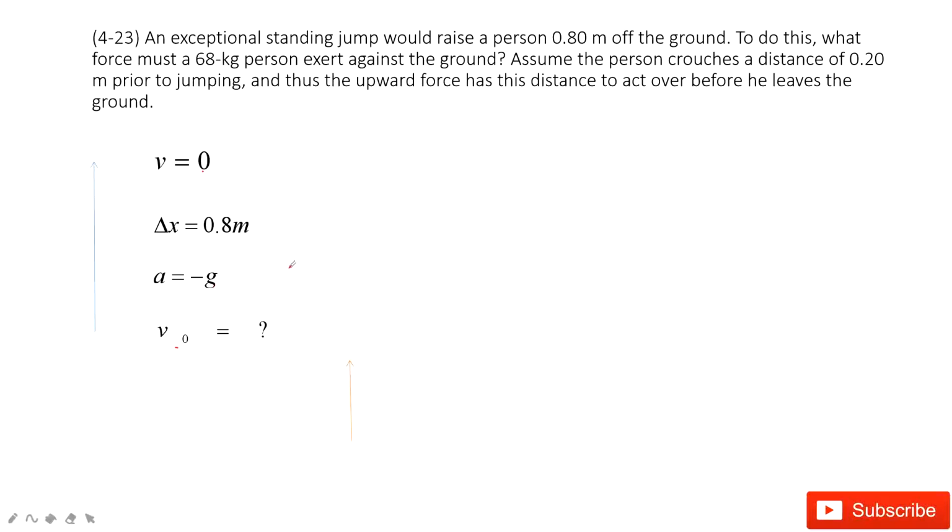The next one, we want to know the force the person exerts against the ground, and we are told the mass. Here we consider this person crouched a distance of 0.2 meters before the jump. So this is after the jump, in the air, right? And this one is before the jump.